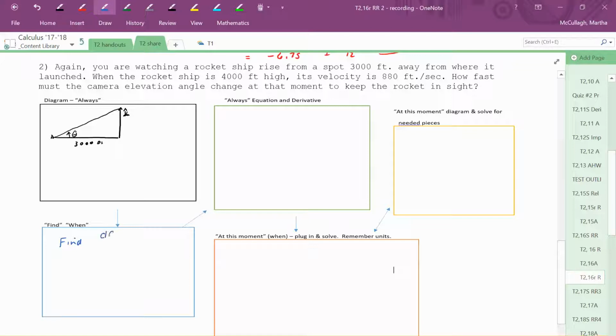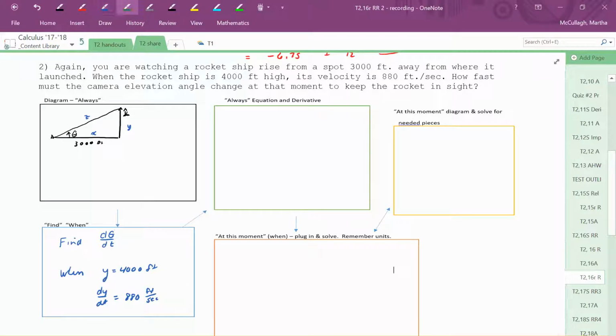So the change in the angle with respect to time, d theta dt, and when the rocket is 4,000 feet in the air, I'm going to call this side y, I'm going to call this side x, and we'll call that side z if we need to again. And the velocity, the rate of change of the rocket, dy dt, is 880 feet per second. So we're finding the d theta dt.